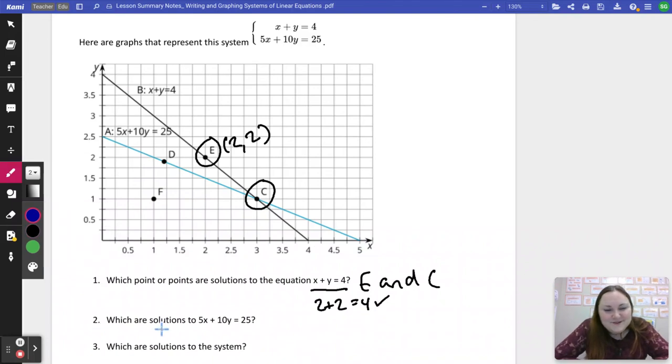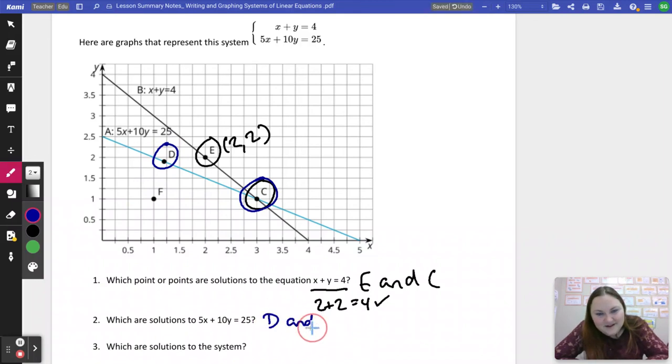So number 2 is looking for solutions for that blue equation, that blue line. Well, that's going to be point D and point C. Similar to what we had said above, if you wanted to confirm that, you could substitute that pair of numbers into this equation. I will say, looking at point D, it's in the middle of that box, so it's really hard for me to know exactly what the pair of numbers is that represents that point.